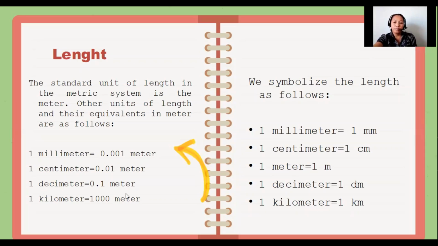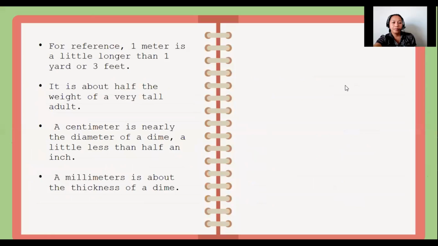So we also symbolize the length as follows. 1 millimeter as 1 mm, 1 centimeter as 1 cm, 1 meter as 1 m, 1 decimeter as 1 dm, and 1 kilometer as 1 km. Okay, so for reference, 1 meter is a little longer than a yard or 3 feet.